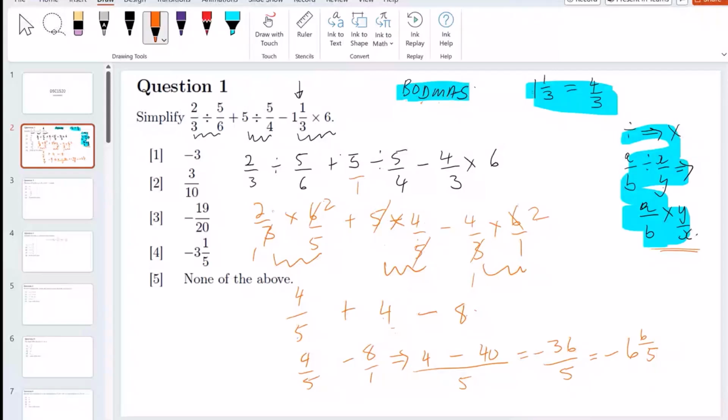BODMAS says addition comes first, right? Sorry, ma'am. The very beginning, the very first one, you used 5 as the lowest common denominator. On the second step.